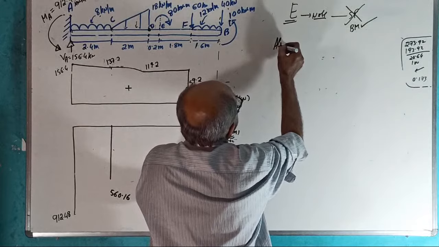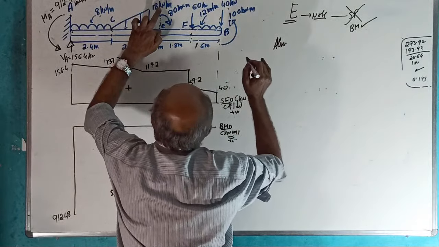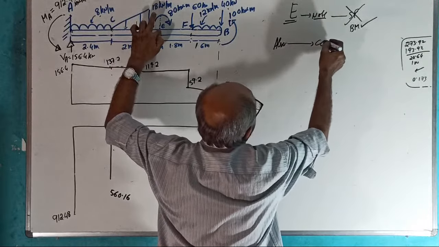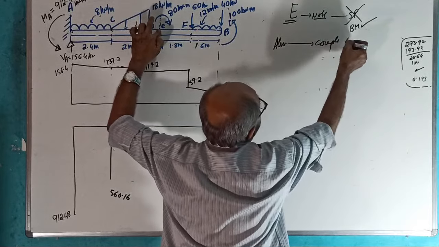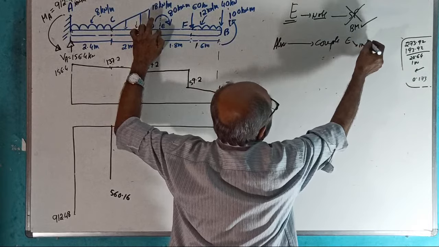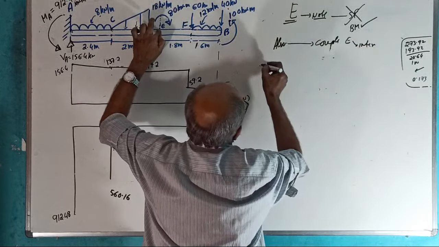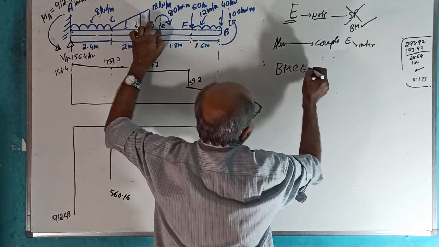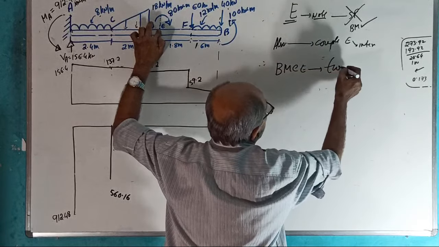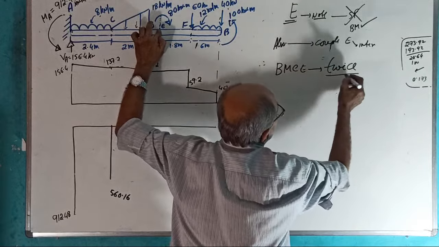Also note, at the point E there is a couple. E is an interior point. Therefore, bending moment at E should be calculated twice.